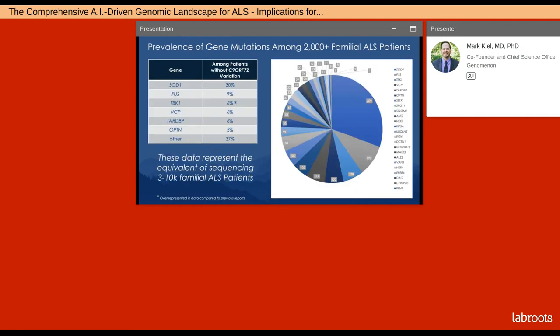And so now turning our attention back to the ALS data, across each of these different genes, we have a certain number of patients out of those 2006 who had mutations in any one of those specific genes.